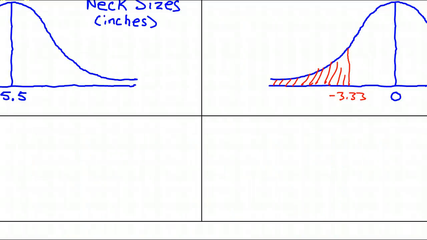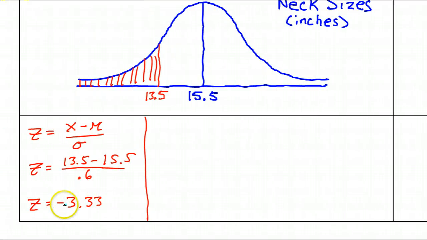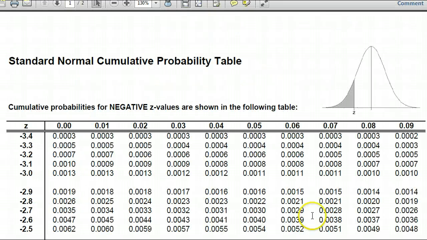Just beware, if we ever want the percentage to the right, we'll have to do some subtraction. But for right now, all I need to do is find a z-score of negative 3.33 on this chart. Okay, so look, right here is our negative 3.3. So negative 3.33.